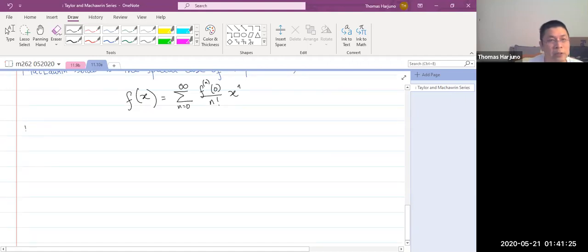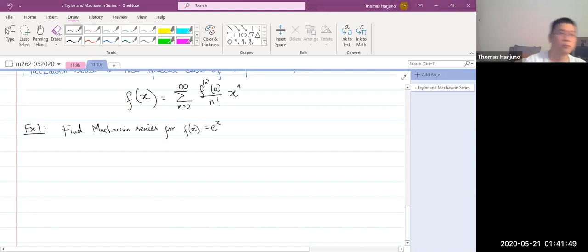Find the Maclaurin series for f(x) equals e to the x, and its radius of convergence. I will do the radius of convergence later on. But let's find the Maclaurin series.